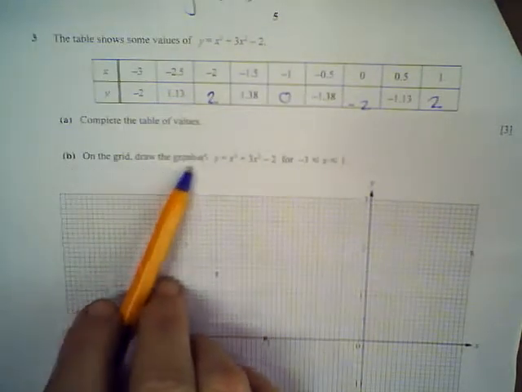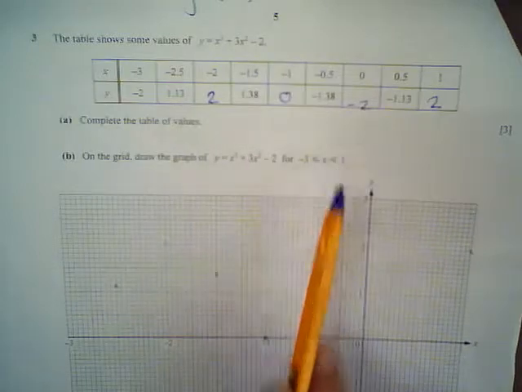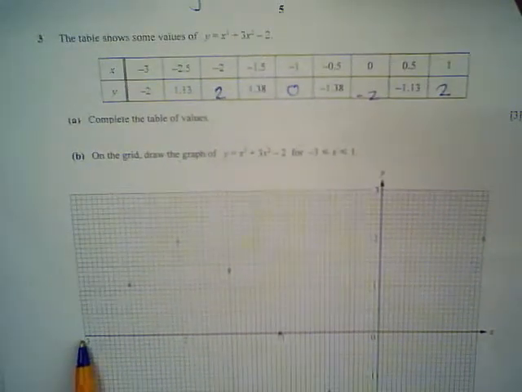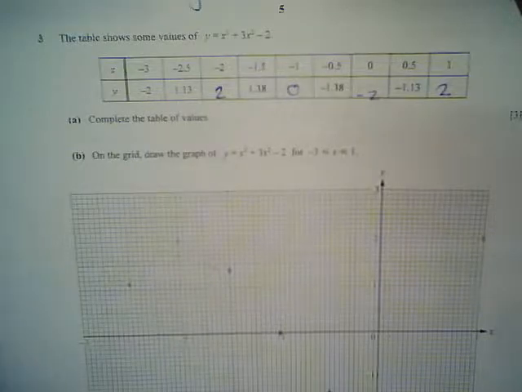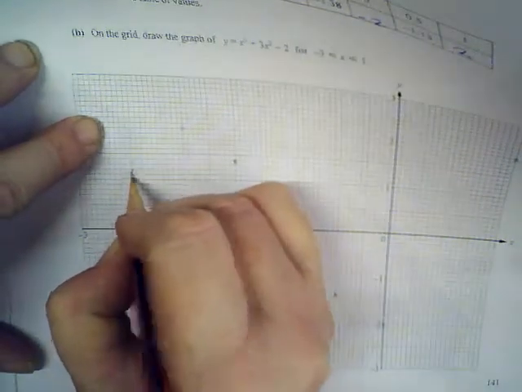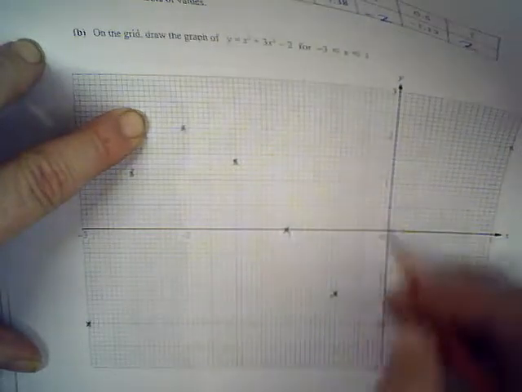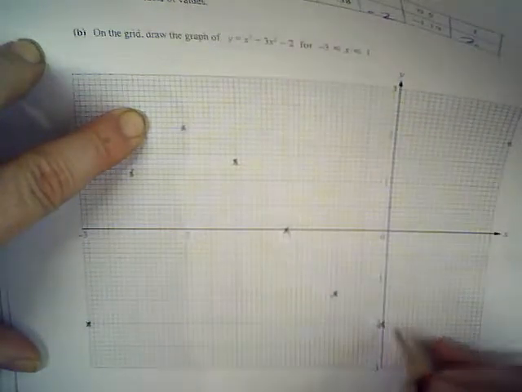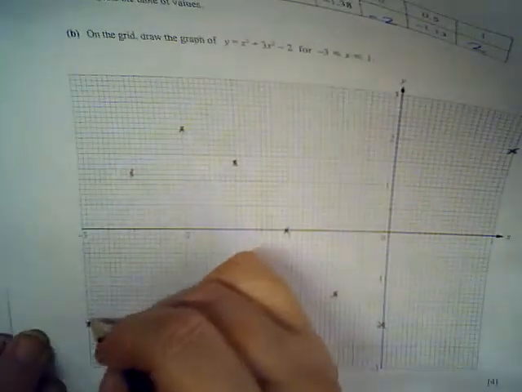On the grid, draw this graph for the interval -3 to 1. So we're only interested in -3 to 1. And actually, they've given us the complete grid, so it's going to be awesome. I had a chance to quickly do just the markings prior to what I've started on the YouTube, so it makes it a little bit faster.